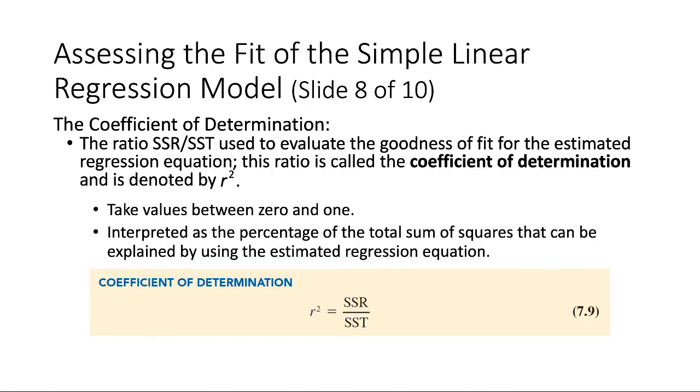The ratio of SSR to SST can be used to evaluate the goodness of fit for the estimated regression equation. This ratio is called the coefficient of determination, denoted by R square. R square has a value between 0 and 1, and it can be interpreted as the percentage of the total sum of squares that can be explained using the estimated regression equation. So the higher the R square, the better the model is.